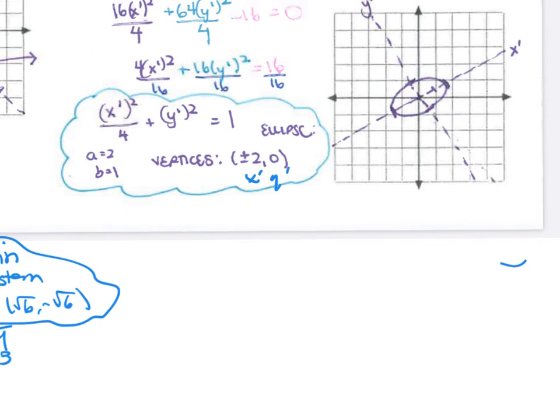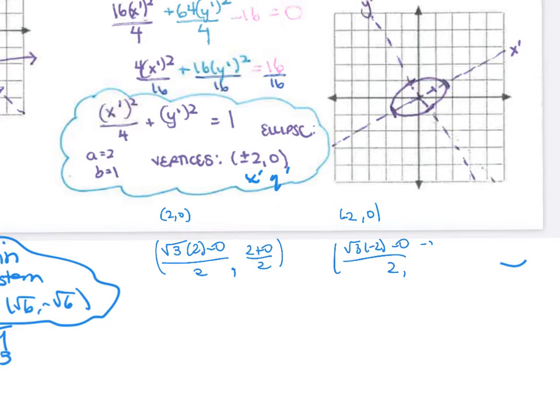So let's do that. We're plugging in first 2, 0, and so this is going to be square root of 3 times 2 minus 0 over 2, and then 2 plus 0 over 2. And then we'll also plug in the negative 2, 0, and so that will be square root of 3 times negative 2 minus 0 over 2, and negative 2 plus 0 over 2.